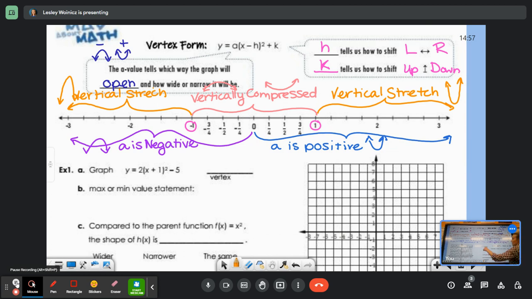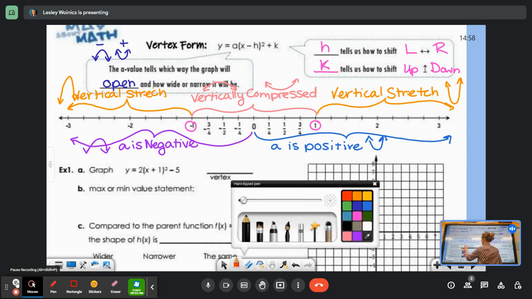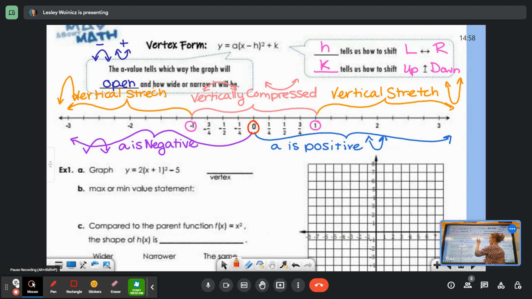Okay, so it gets steeper and steeper the farther we get from zero. As we come back to zero, it gets flatter and flatter and flatter. What do you think happens when we go to zero itself? Yeah, it's a totally flat horizontal line. Flat, not float. Flat. Okay, and it's neither positive nor negative, right? It's just zero.